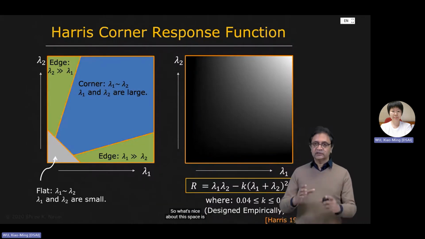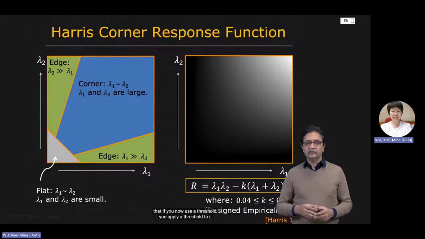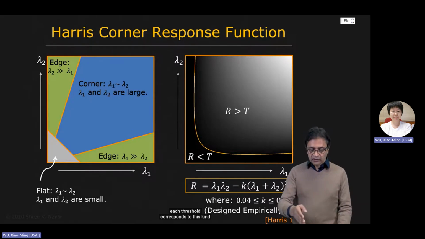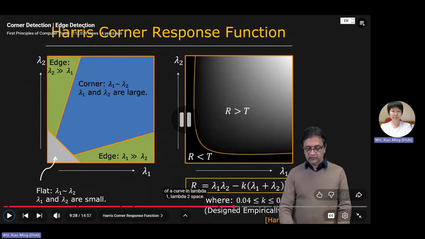What's nice about this space is that if you apply a threshold to R, each threshold corresponds to this kind of curve. For example, we compute R for each pixel, and then we set a threshold T. Those pixels whose cornerness response is larger than the threshold, we consider corner pixels.